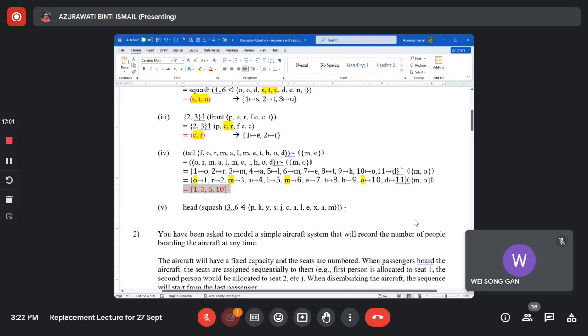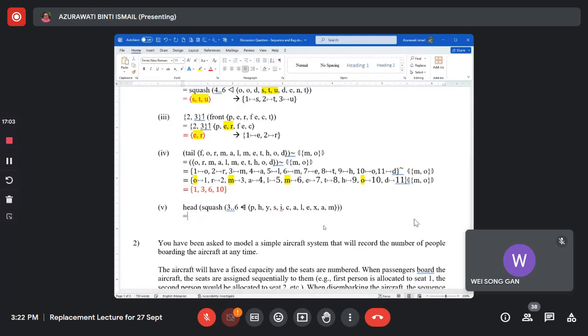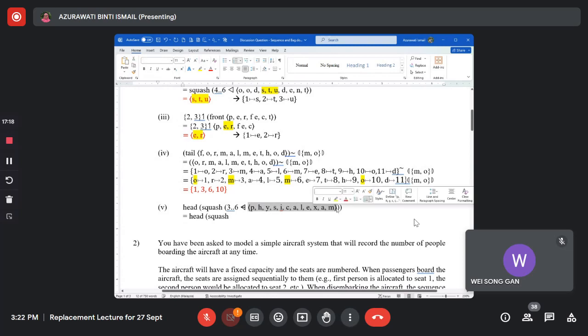The next one is also using the squash operator, but now we are removing this part. Let me copy the whole thing here first. So 3, 3 to 6, 1, 2, 3, 4, 5, 6.